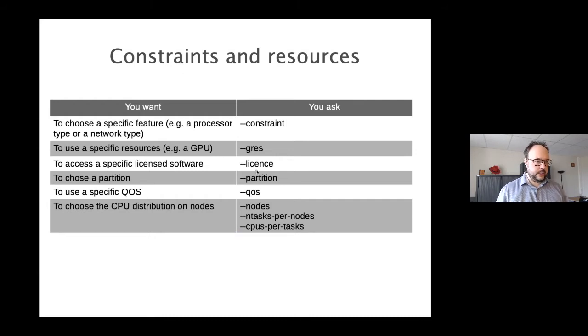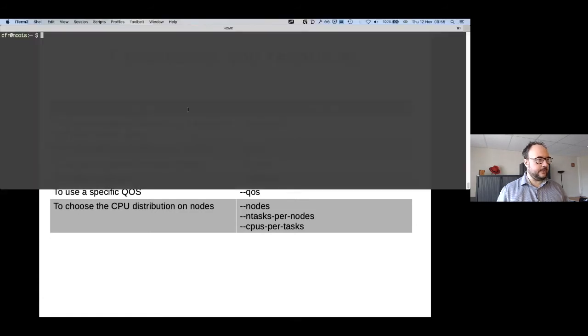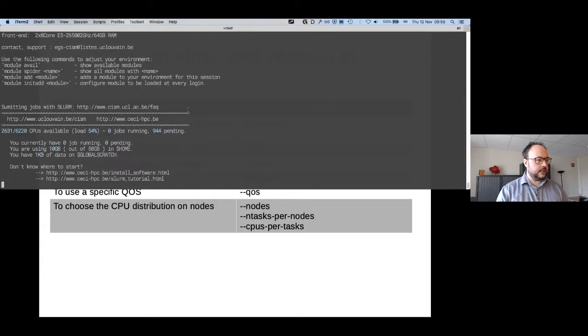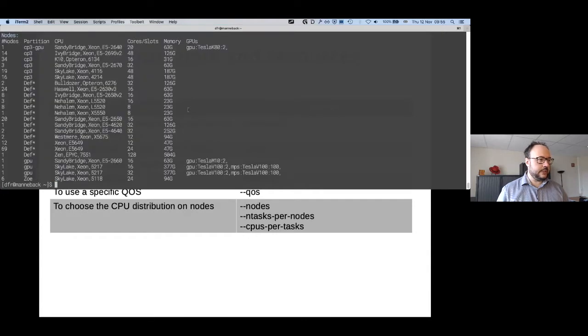and we will see them in detail later on. So maybe I can show you if I connect to a cluster here at UC Louvain called Manneback, which has a large number of different types of compute nodes. If I type the sinfo command, which we will see a bit later on, you see that there is a large number of nodes, each with very different types of CPU.